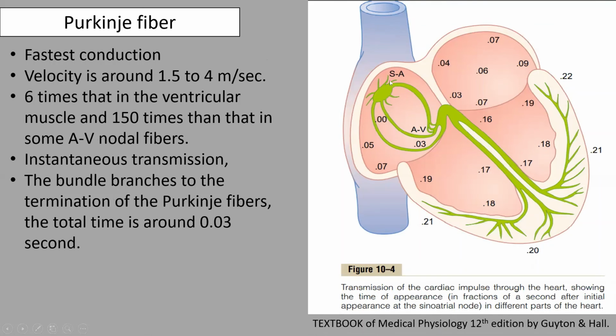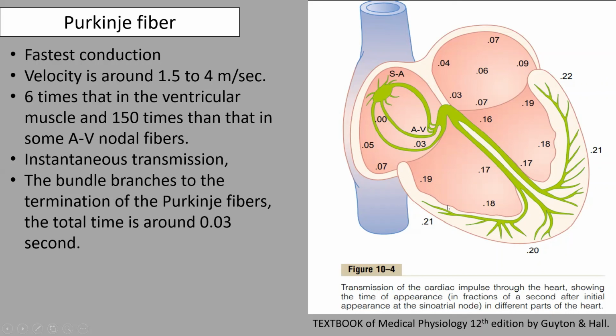From the SA node, it reaches the AV node in 0.03 second, and from the AV node it delays by more than 0.1 second. Then when it crosses the penetrating portion of the AV bundle branch, it goes to the Purkinje fiber very fast, in 0.03 second, and from the endocardial surface to the epicardial surface of the ventricular muscle it takes around 0.03 second.